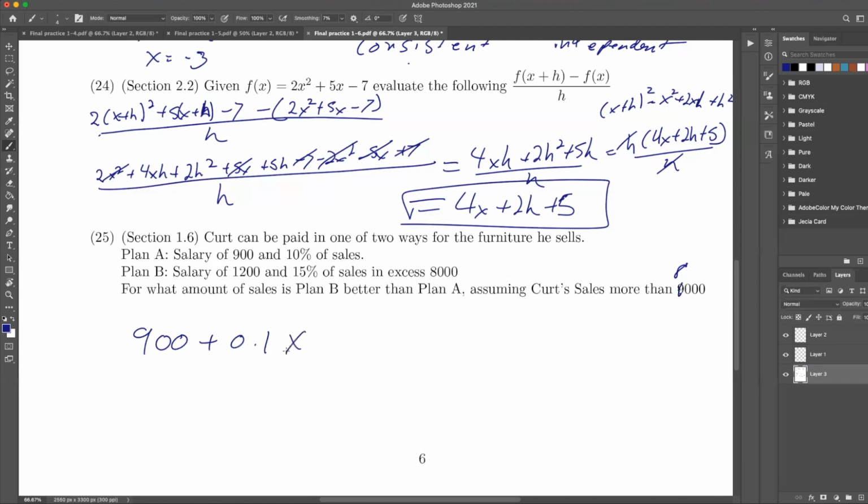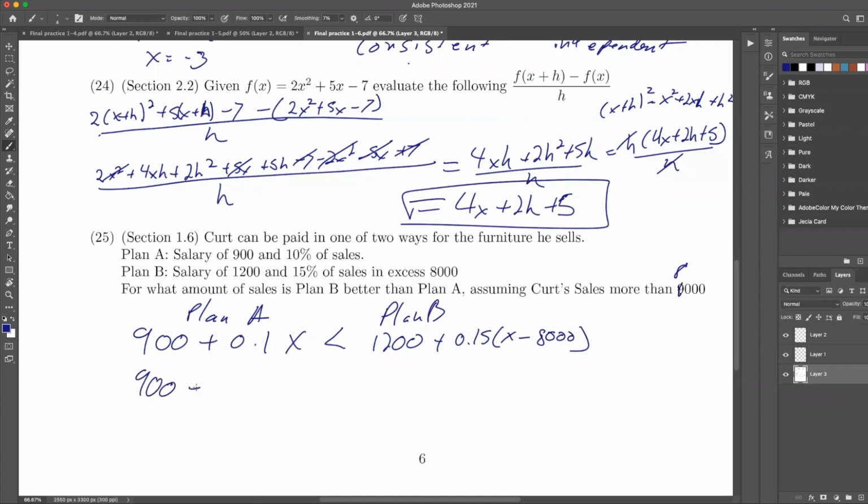And we're going to write his sales as x, and I want to know when that is less than plan B. So this is my plan A, and this is my plan B. Plan B would be $1,200 plus 0.15 times x minus 8,000, because it's sales he makes over $8,000. So we have this inequality, so let's go ahead and solve it.